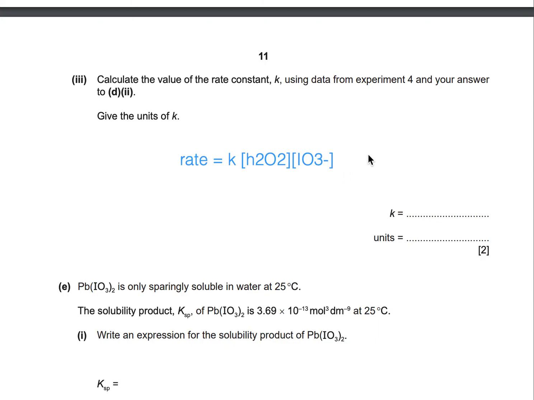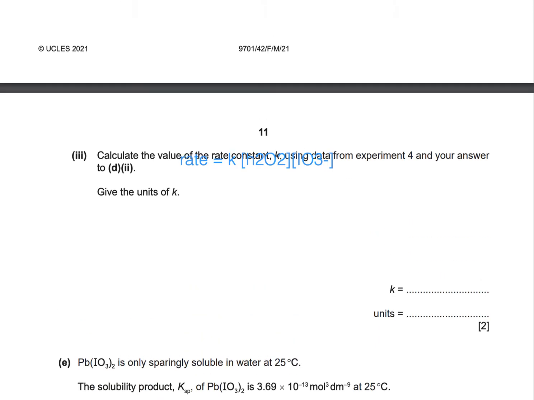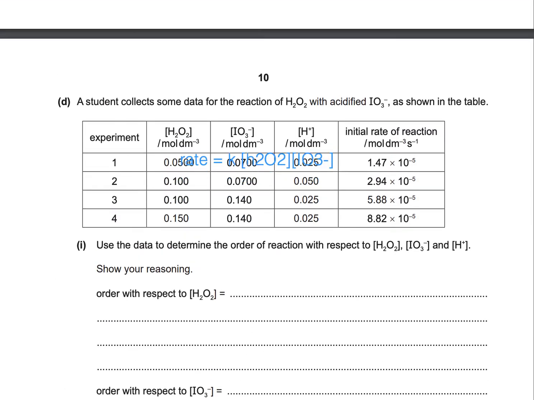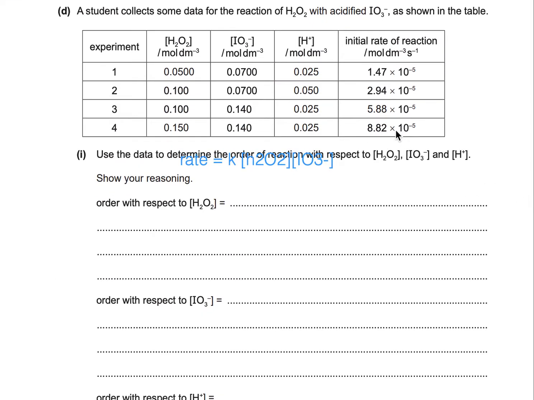Okay, so this is the formula used. Now what's the rate for experiment 4? The initial rate is 8.82 into 10 raised to power minus 5.